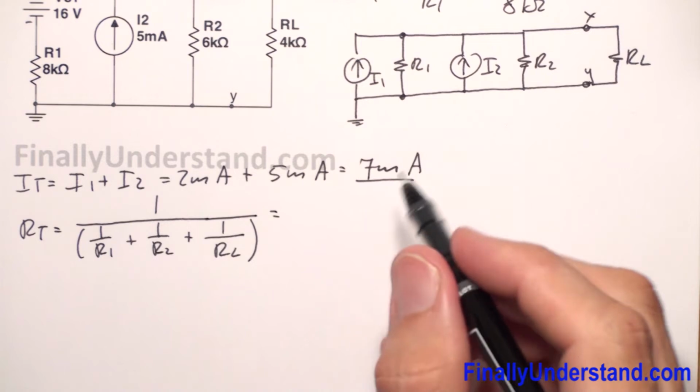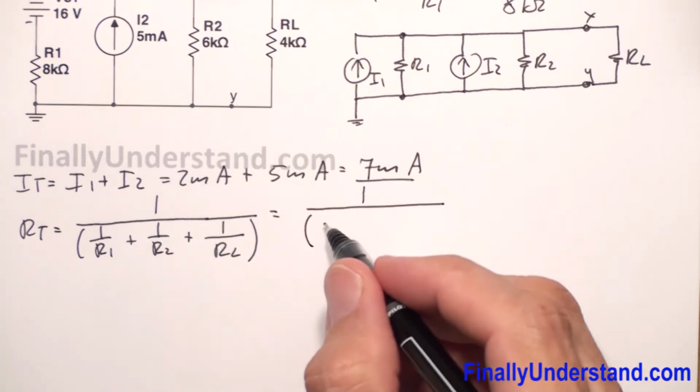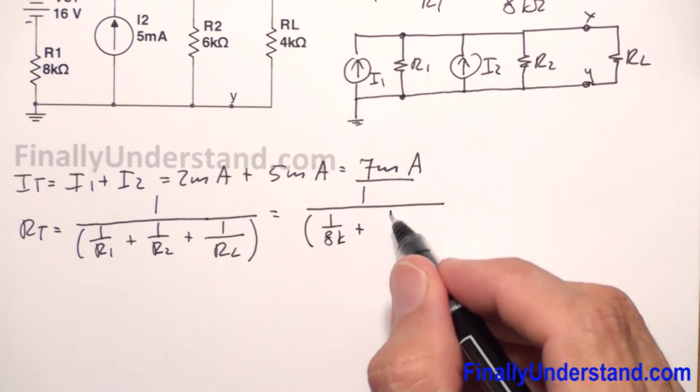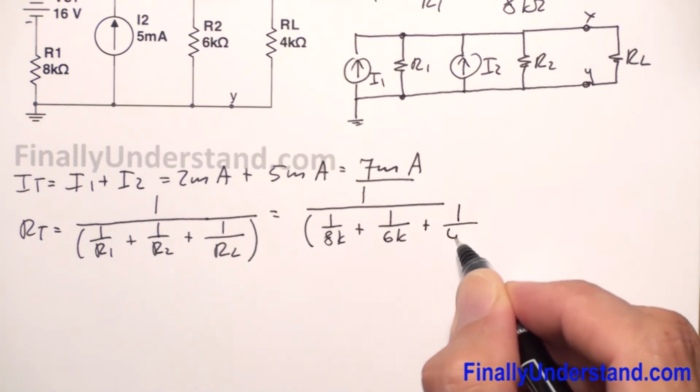This is equal to 1 divided by 1 over 8k plus 1 divided by 6k plus 1 divided by 4k.